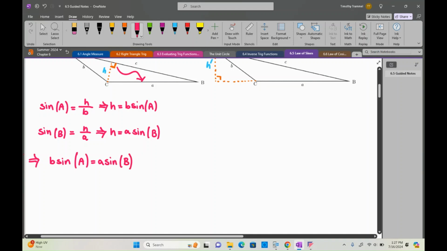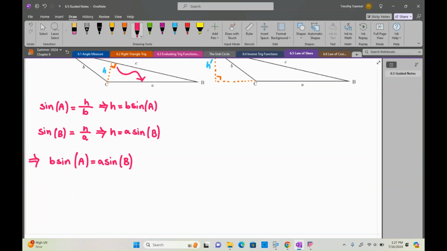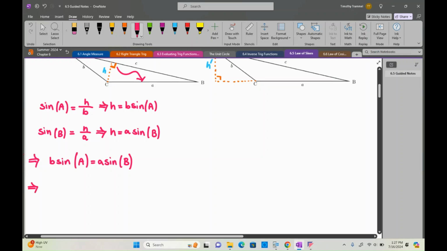And we can do a couple things here. One is we could divide both sides by A, and we could divide both sides by B. And so if we divide both sides by A and B, we're going to end up with sine of big A divided by little a, and sine of big B divided by little b.